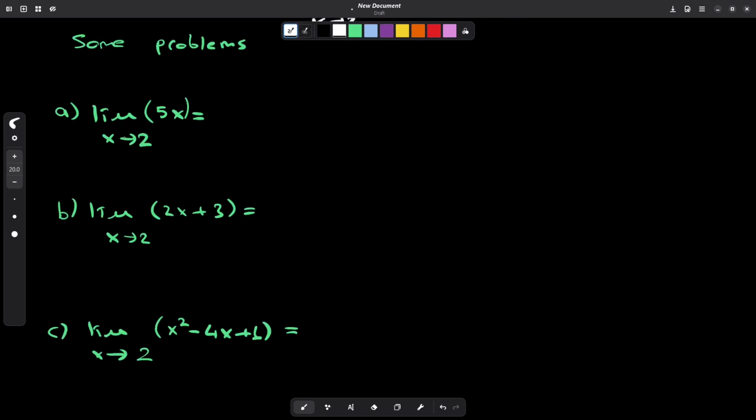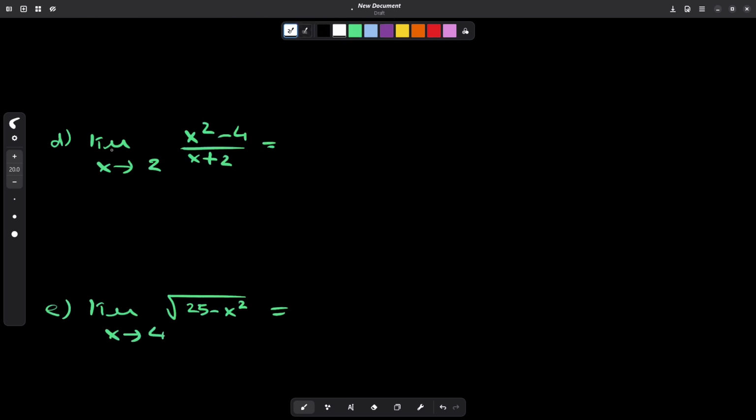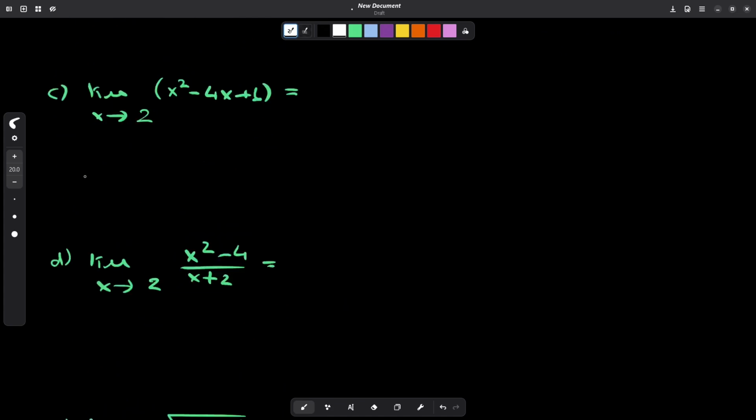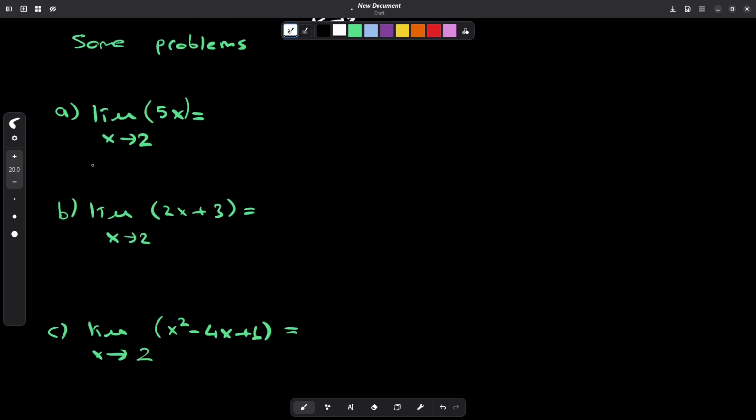Some problems we have, really simple from what we learned. We will just keep using the same properties. Limit of 5x as x approaches 2. We can write this as 5 times the limit of x as x approaches 2. Plug the x in, 5 times 2 is equal to 10.